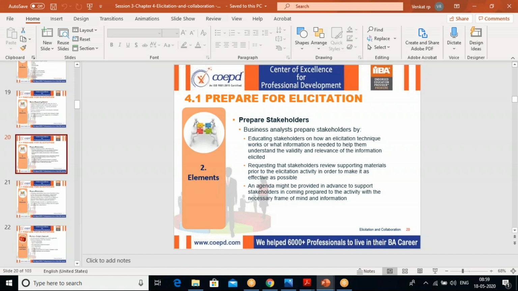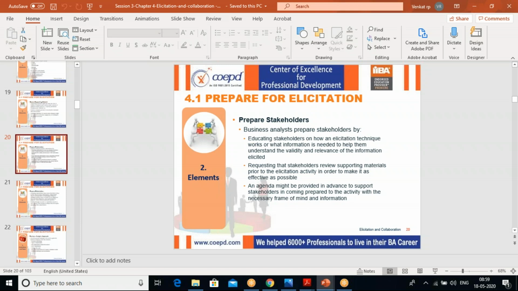So we should first of all prepare the stakeholders to actually get involved here, and then contribute the relevant information and take the expected value or outcome out of these discussions. For that we should first prepare the stakeholders.